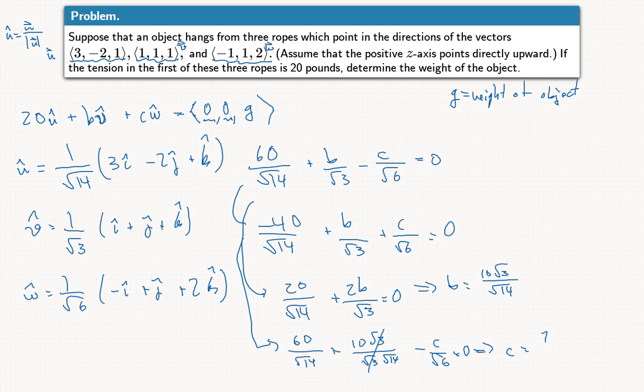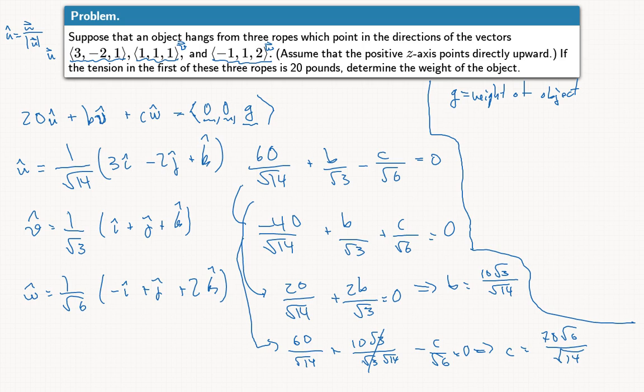And that will give us that c is 70 root 6 over root 14. So now we have the values of b and c. So now, let me cordon these off.